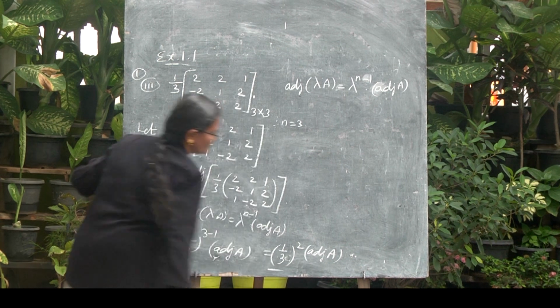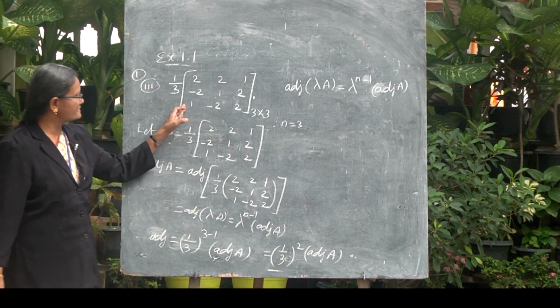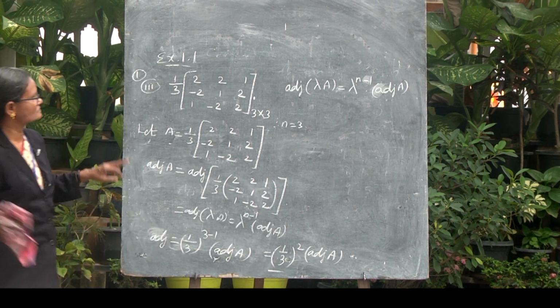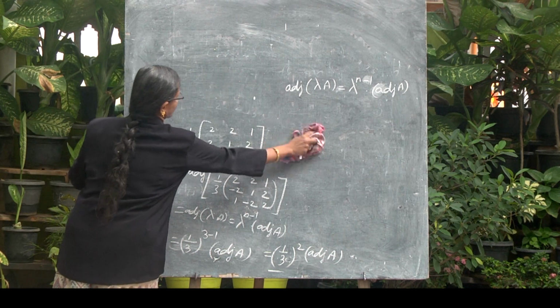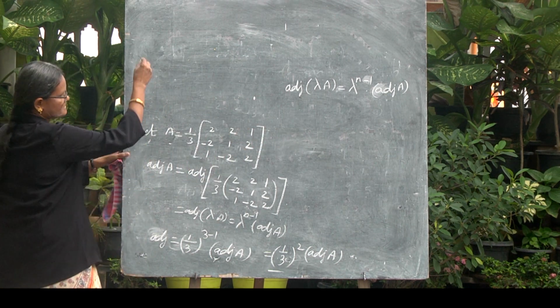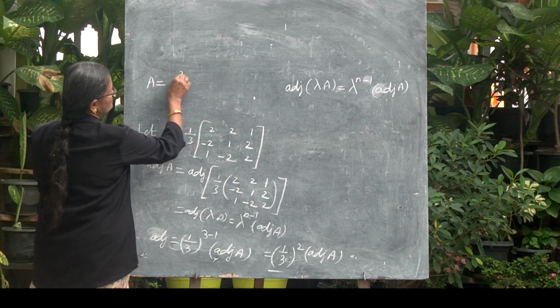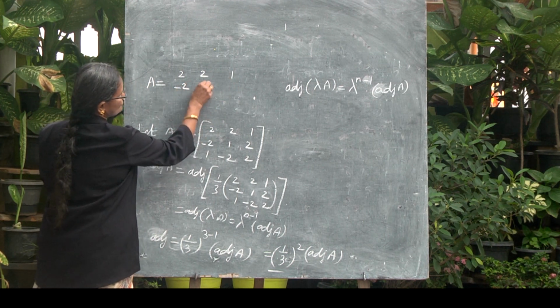Now we can find the value of adj of A. A is here. What is the value of adj of A? Here A is 2, 2, 1, minus 2, 1, 2.